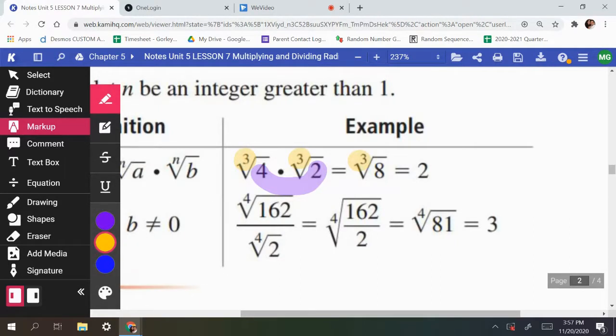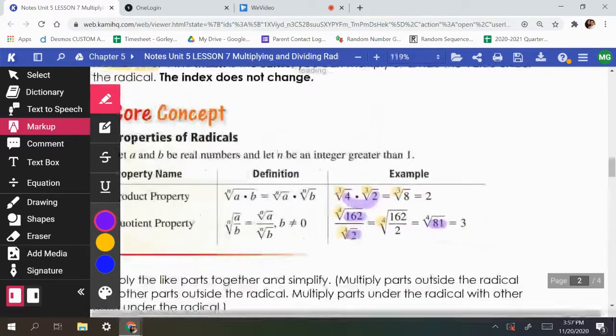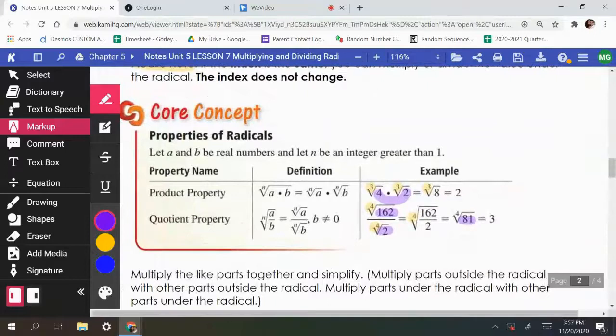It's still a cube root. Same thing here. If I have 2 fourth roots, I can divide, but the index does not change. It's still a fourth root. We divide the 162 by 2, we get the fourth root of 81, and that would reduce to 3. So those are our product and quotient properties. Just make sure that the index does not change.